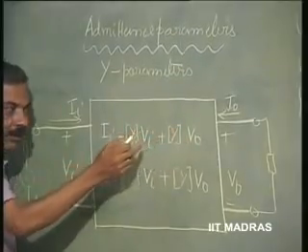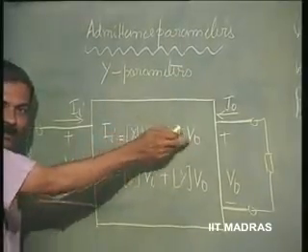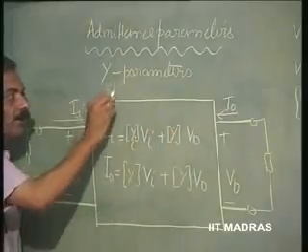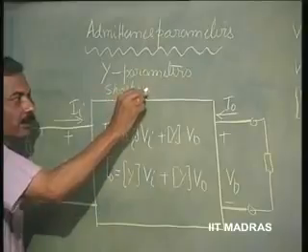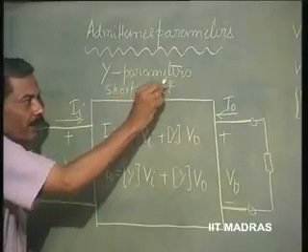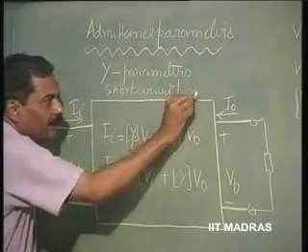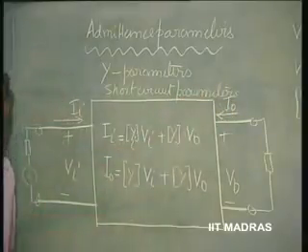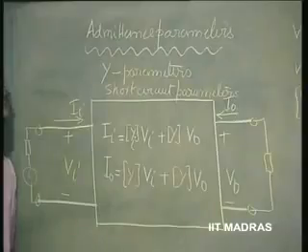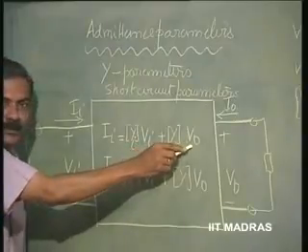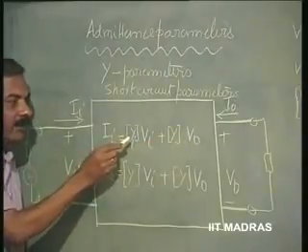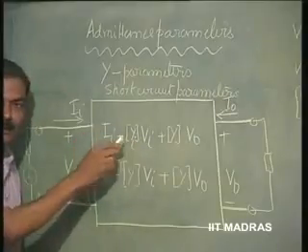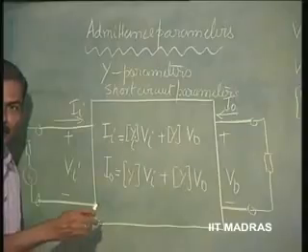So either Vi should be 0 or V0 should be 0 in order to measure all these parameters. That means these are called short circuit parameters, as against the earlier parameters which were called open circuit parameters. So I make V0 0, then I can measure Yi as Ii by Vi.